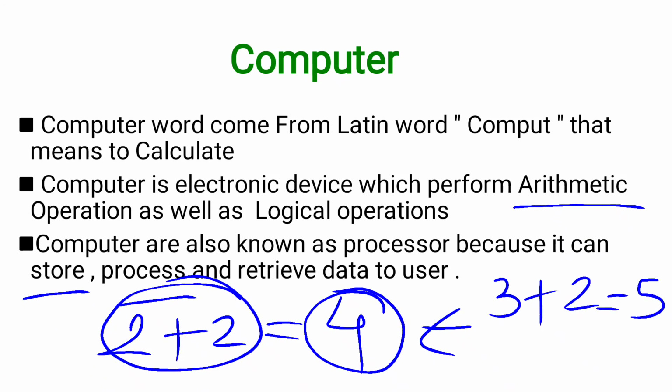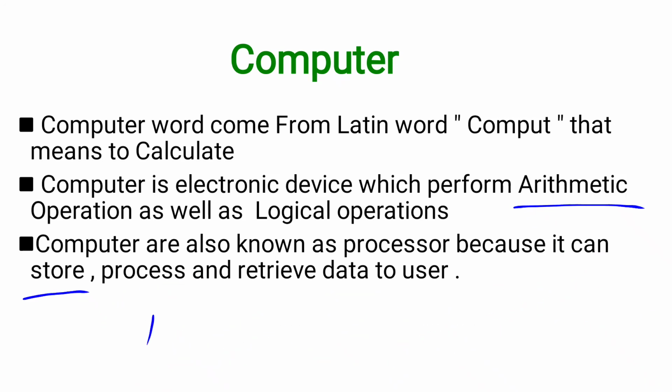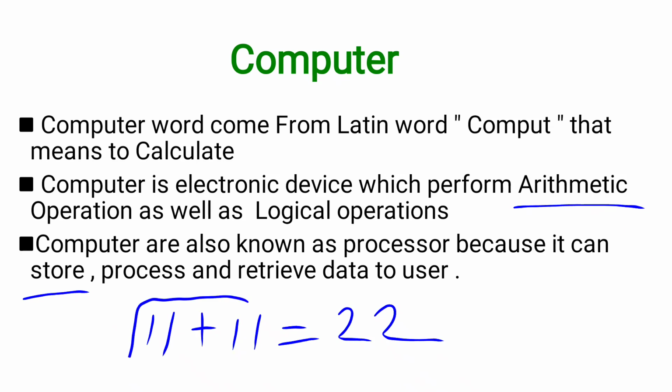It will never give another number, because I have saved for the instruction of 3 plus 2 the answer 5. If I apply other numbers, just like 11 plus 11, it will always provide me 22. Is it clear? So this is an instruction, okay. Whenever the computer system accesses this term, it will always provide this result.